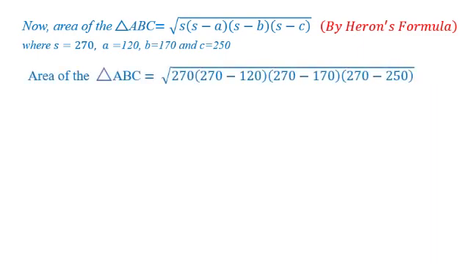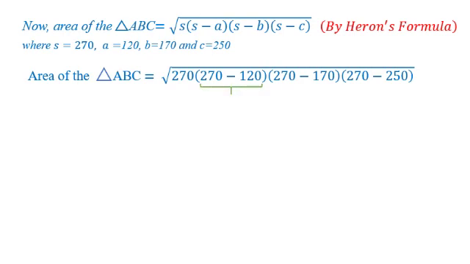Now the area of the triangle ABC will be given by the square root of 270 into 270 minus 120 into 270 minus 170 into 270 minus 250. So here we have substituted the corresponding values of s, a, b and c.